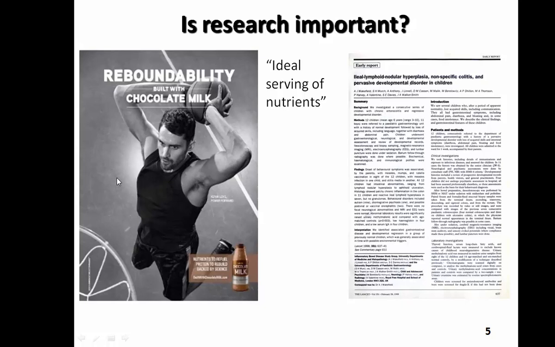The image on the right-hand side is the first page of a research paper published a number of years ago that established a link between the measles, mumps, and rubella vaccine and the development of autism in children. This research paper generated a great deal of public scrutiny and public concern, and actually influenced the rate at which parents were providing immunizations to their children.